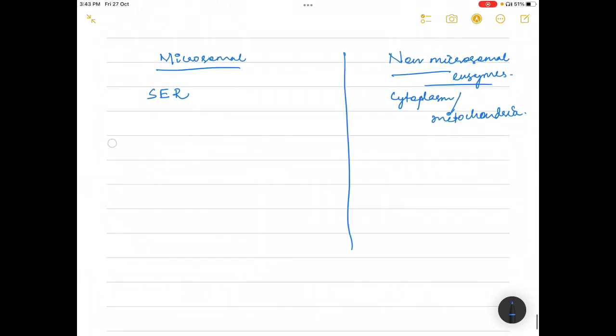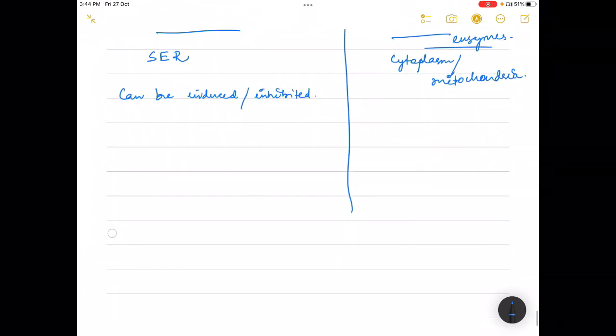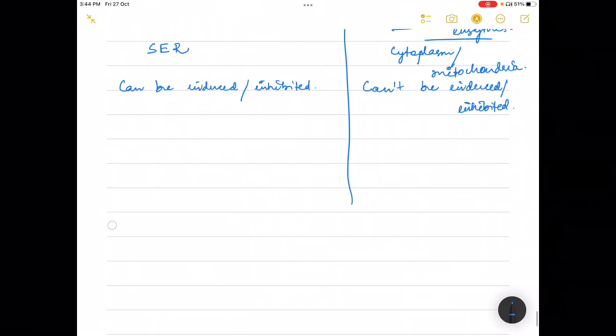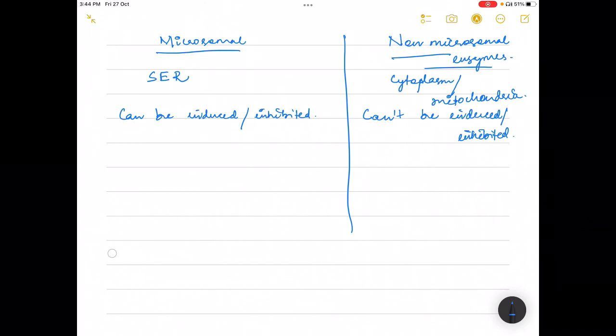These microsomal enzymes can be induced or inhibited. The non-microsomal enzymes can't be induced or inhibited. So what are the reactions that are catalyzed by the microsomal enzymes?